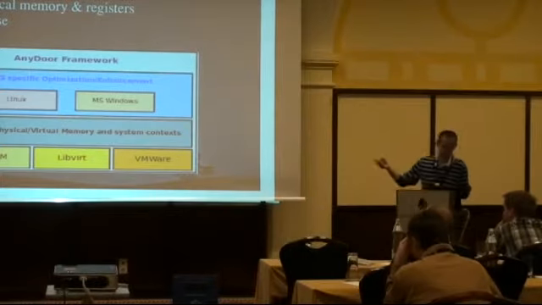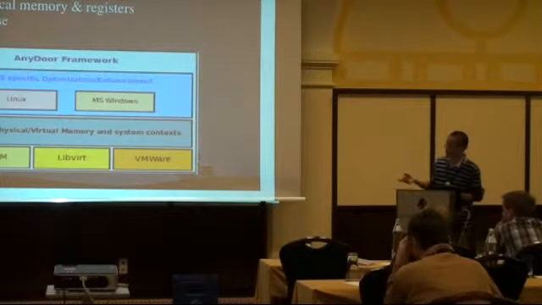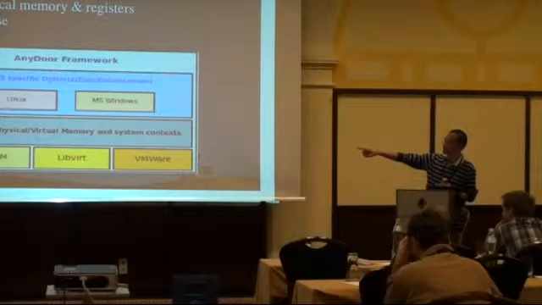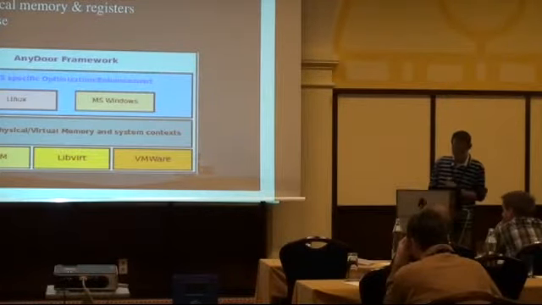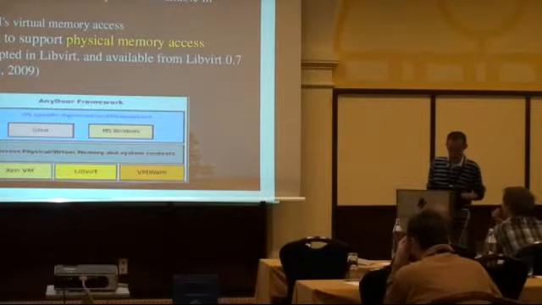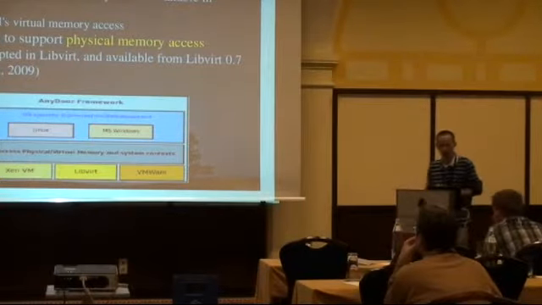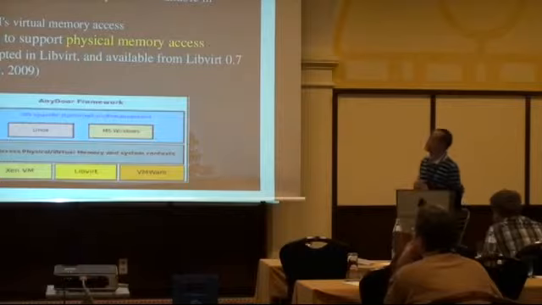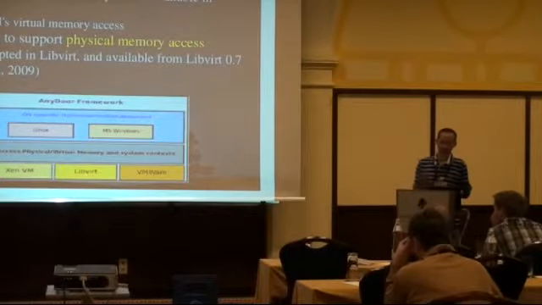So here's Xen. eKimono supports Xen, and we implemented the Xen plugin for eKimono, the bottom layer over there. How about Libvmi? Well, originally Libvmi had no interface to access the physical memory of the virtual machine.